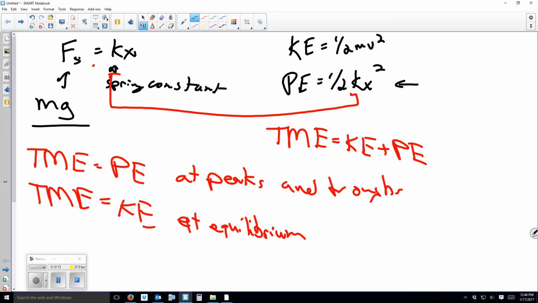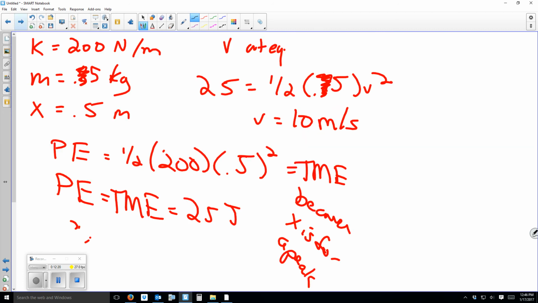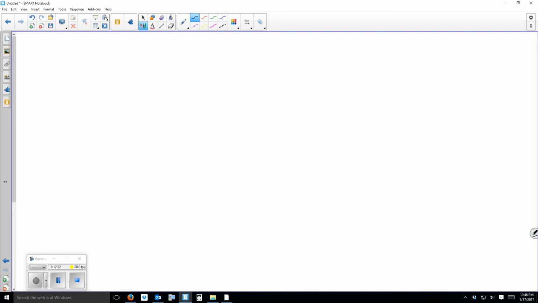Number 11. Let's take a look at number 11 real quick on the review. The spring is compressed and released so that it has a total mechanical energy of 20 joules, right? Its baseline is 20 joules of total mechanical energy. But if I compress it 3 times as far, that means I'm going to get some different amount of joules. So I said that I had 1/2 kx squared, right? After I compress it 3 times further, does my 1/2 change at all?